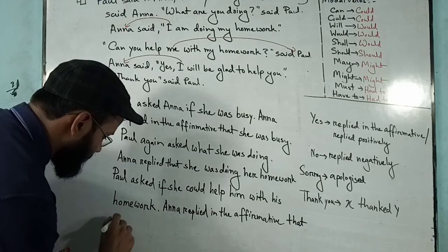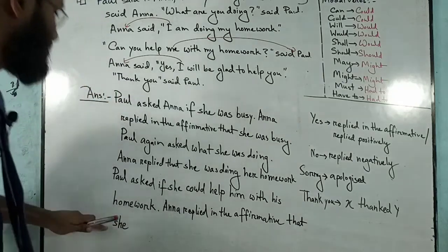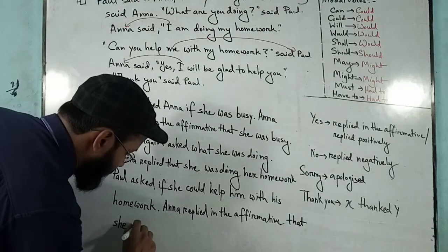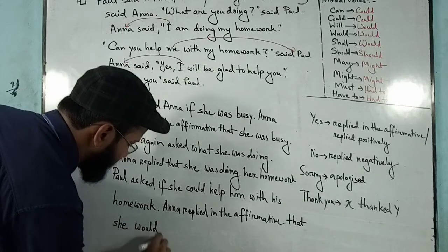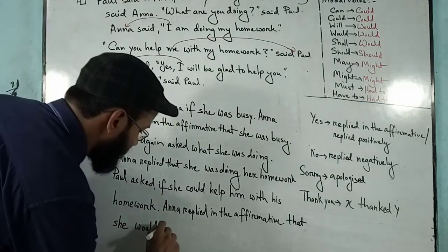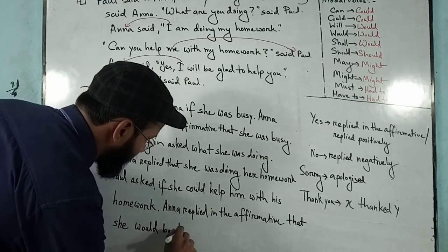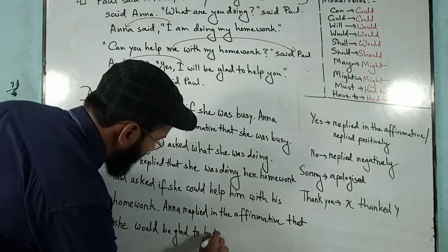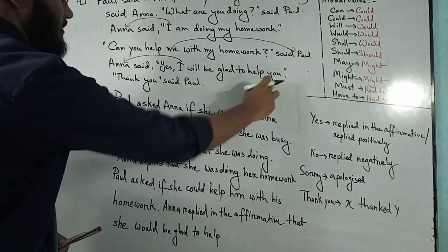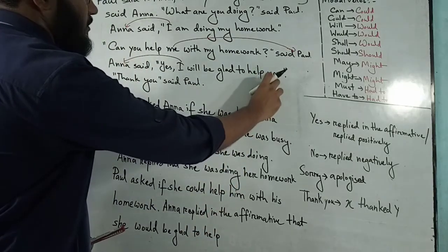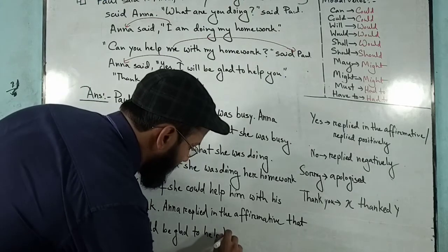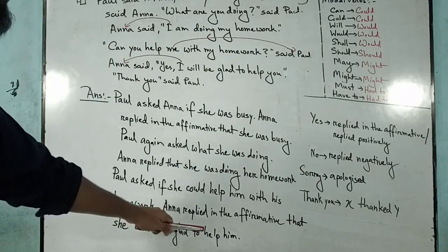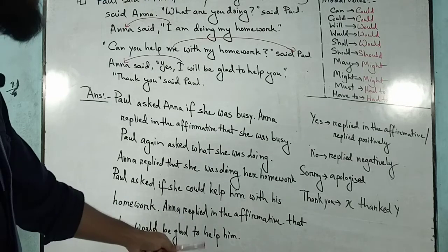So the subjective form would be she will be glad. So you remember that will turn into would, which we call future in the past. She would be glad to help. Now the person you is Paul, and it is in the objective form, so we will write him. So Anna replied in the affirmative that she would be glad to help him.